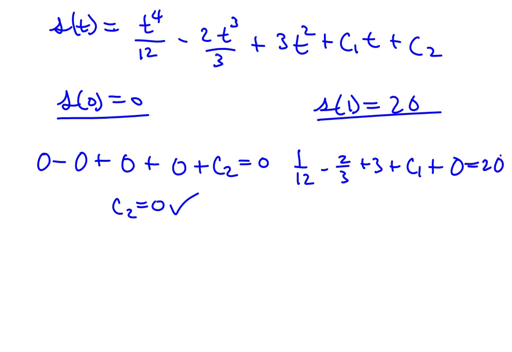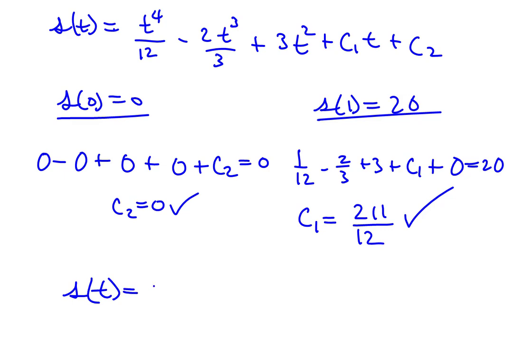And then this is supposed to equal 20 as given here. If we solve this for c1, which is really just a bunch of arithmetic, you could use a calculator to help with that, we should get that c1 is 211 over 12. Okay, I'm sparing you all the arithmetic, but that should be the value we get.